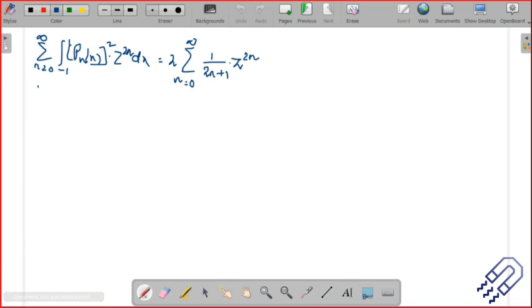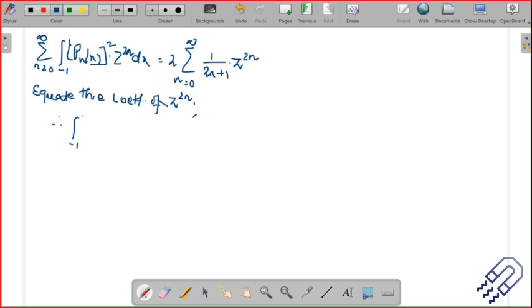So what we can do now is we can actually equate the coefficients of z to the power 2n. If we equate the coefficient of z to the power 2n, we have the required result. So this is the required result.